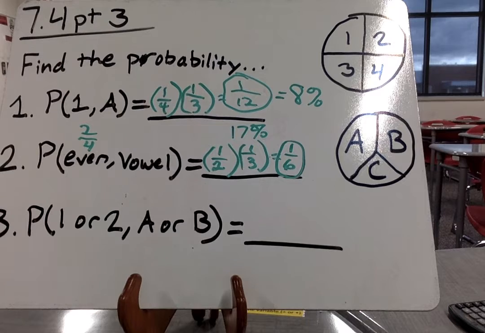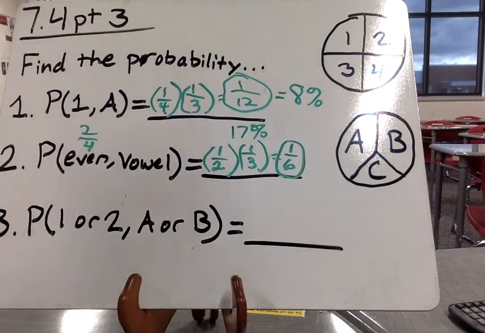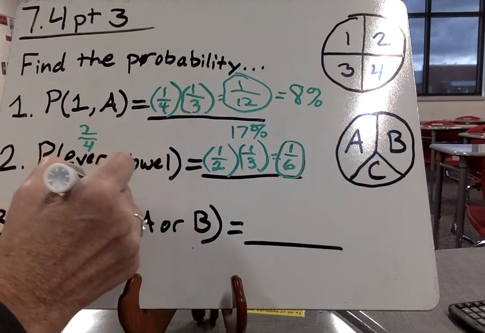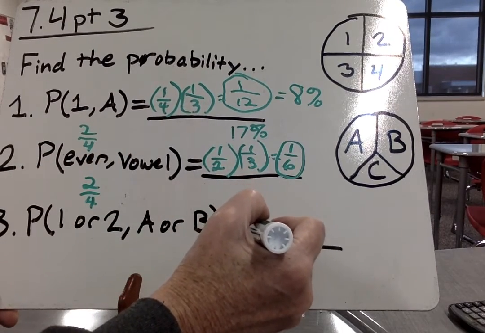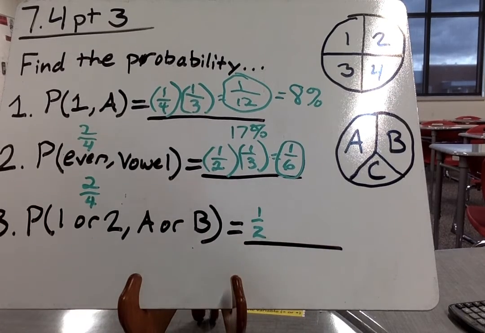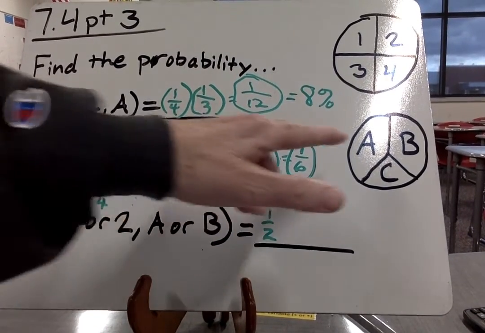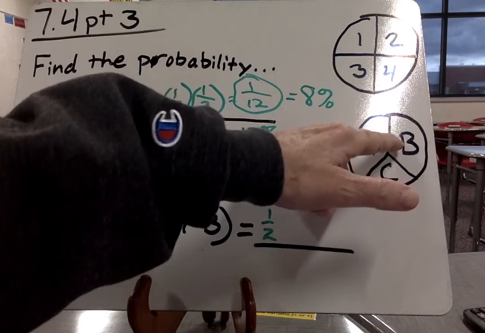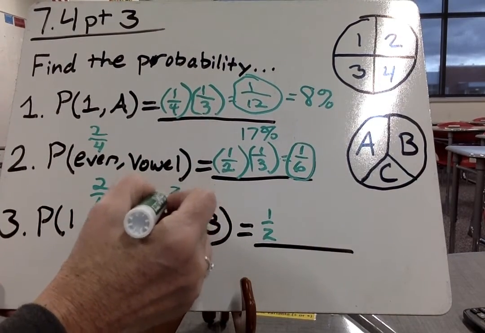All right. The next one: probability of 1 or 2. So 1 or 2 is 2 out of 4, and I'm going to simplify that to 1/2. Now we also have A or B. A or B is 2 out of a total of 3, so that's 2/3.